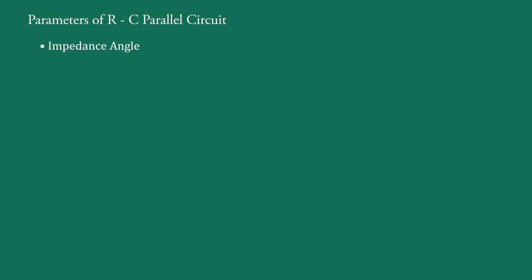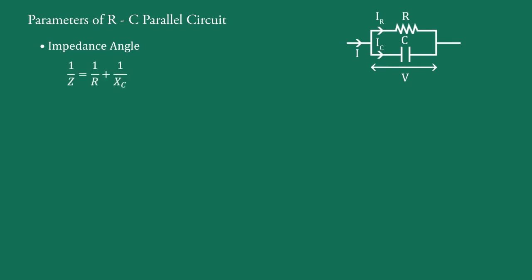Suppose an alternating sinusoidal voltage is applied to a circuit containing a capacitor of C Farad and a resistor of R ohm in parallel like this. For this circuit, we can write for total impedance Z as 1 upon Z equal to 1 upon R plus 1 upon XC, and therefore Z equal to R into XC upon R plus XC.